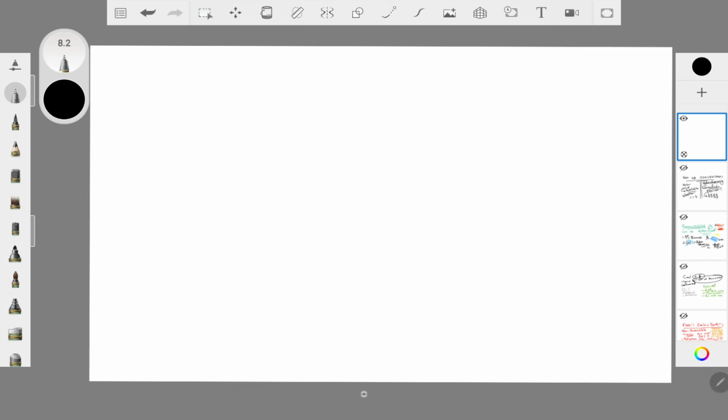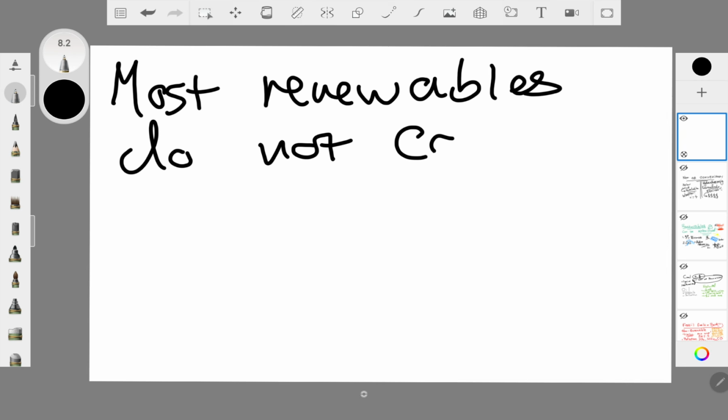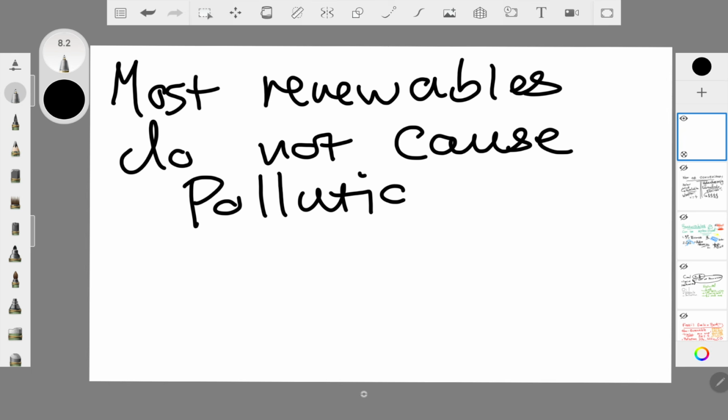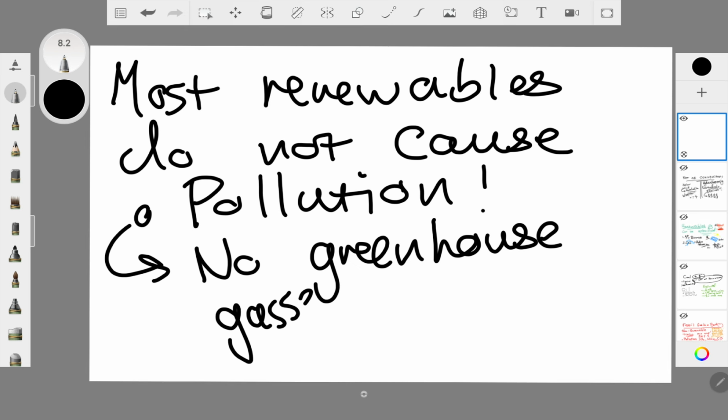Now, the good thing about most renewables is that they do not cause pollution, okay? And even more importantly, no greenhouse gases, okay? Now, biomass, okay, does of course cause greenhouse gases because you're burning stuff.